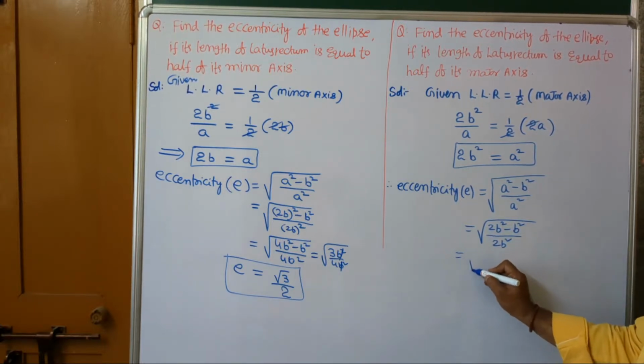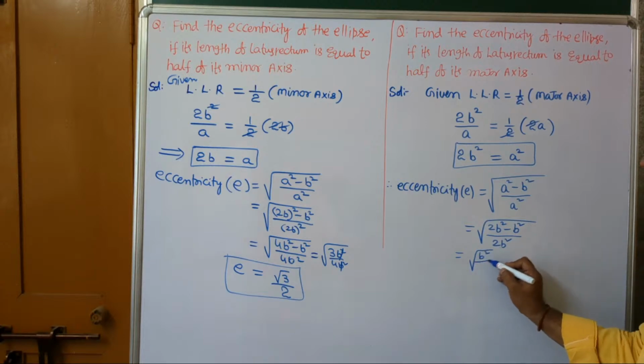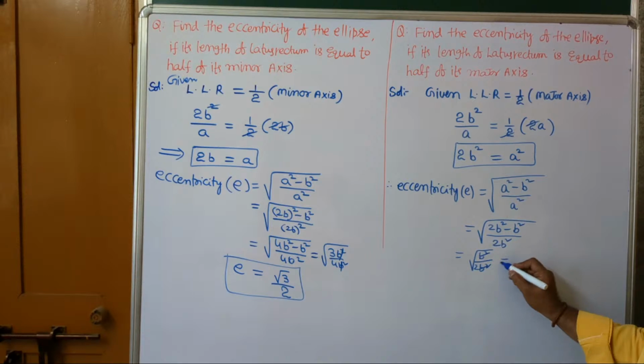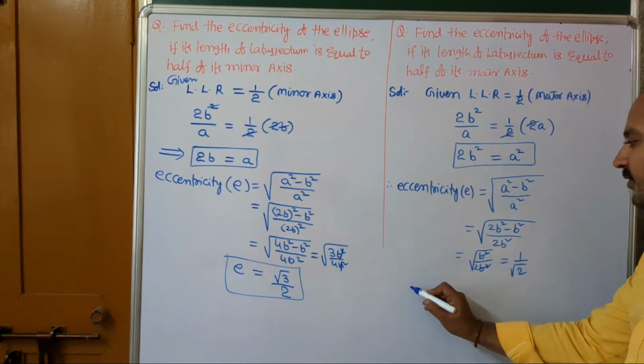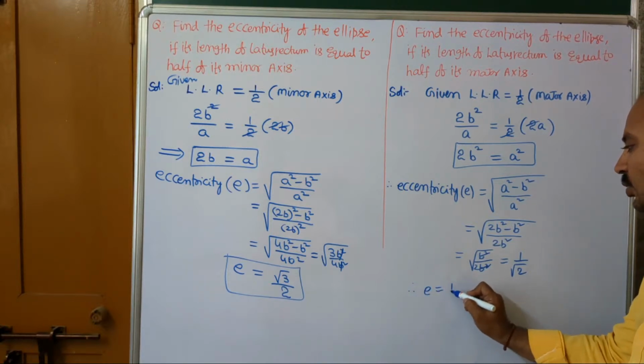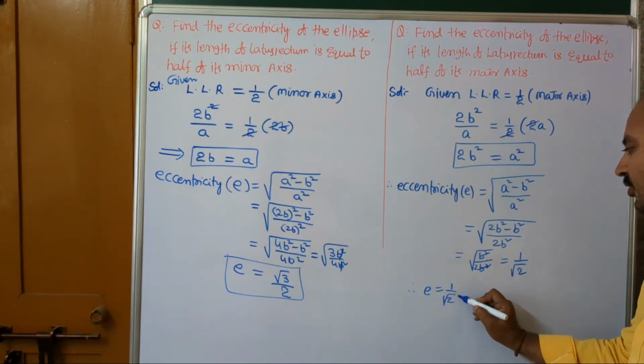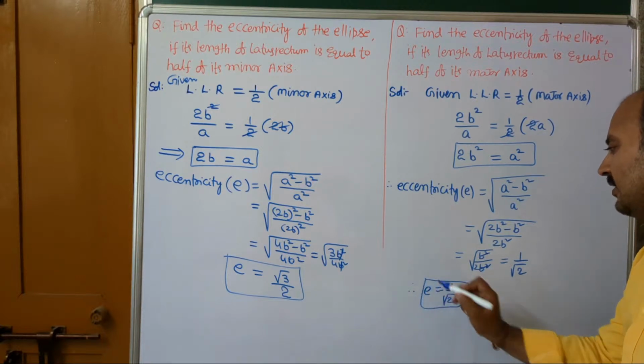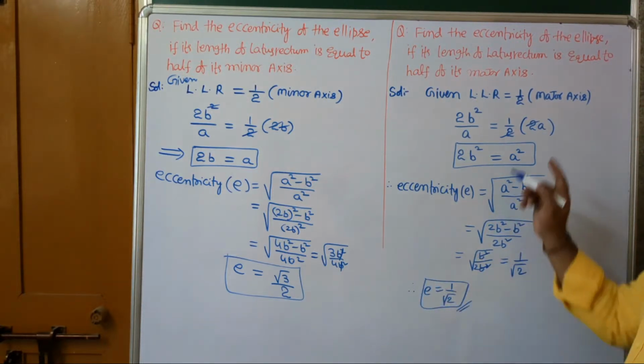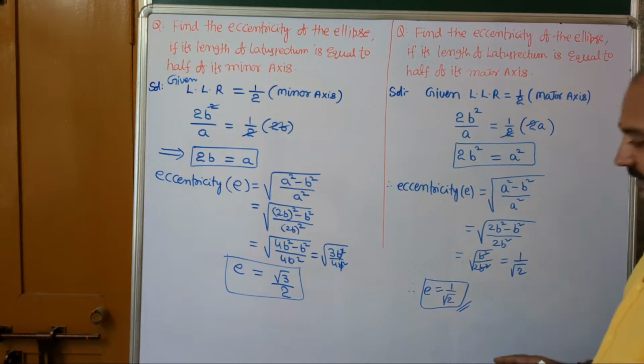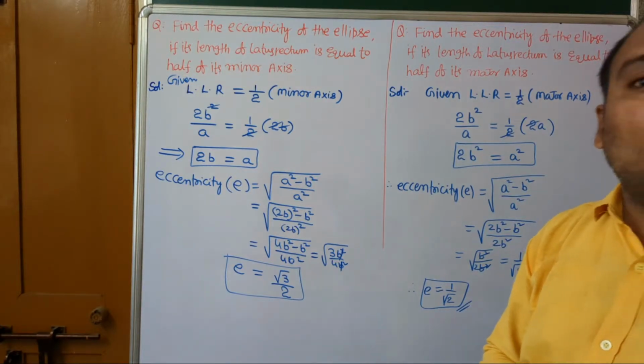So that is equal to root of b square by 2b square. So b square gets cancelled. Root 1 means 1 by root 2. Therefore, eccentricity e equals 1 by root 2. When length of latus rectum is half of its major axis, e equals 1 by root 2.